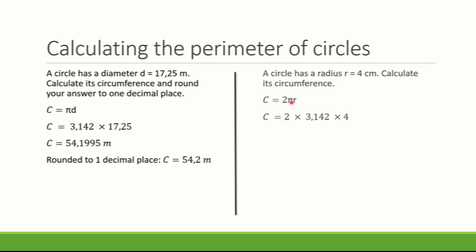The 2 stays at 2, the pi is 3,142, and the radius we know is 4 centimeters. If we multiply 2 by 3,142, and then multiply by 4, we get 25,136 centimeters. Again, please remember the centimeters. It's very important.